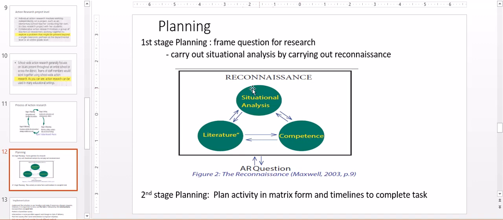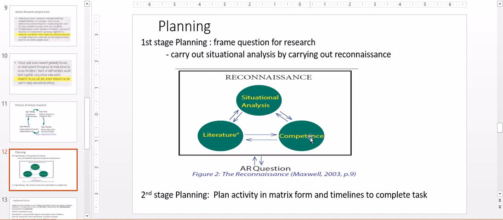If we can triangulate these three, then we will be able to see very neatly why the question is what it is. Situation analysis has to be done by looking at our own background, the school, the classroom, the students, the type of teachers, and the type of curriculums. When you look at the literature, you see what people have said already about the same problem in the past.